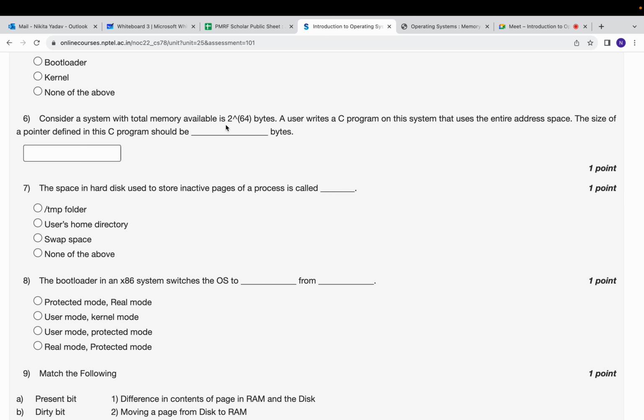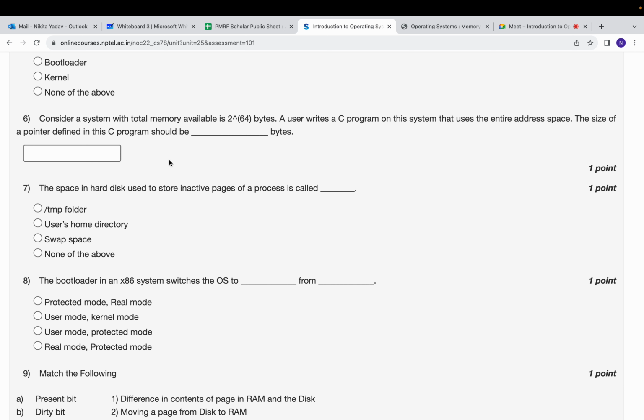So it will be 8 bytes. Again, don't answer based on what the size is normally in your C program, by creating an integer pointer and taking size of pointer. You should answer based on the question statement.